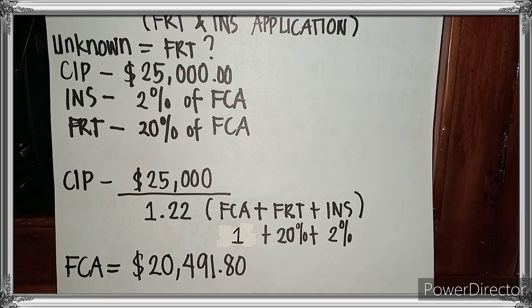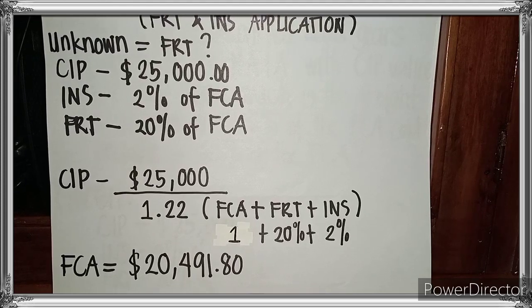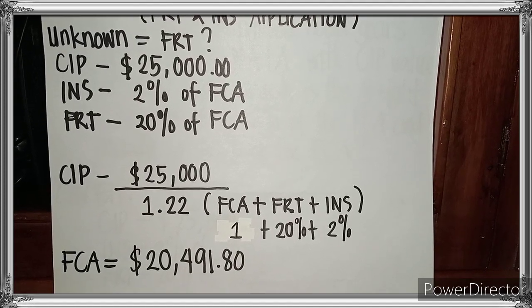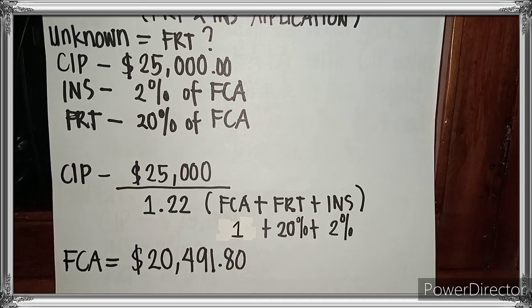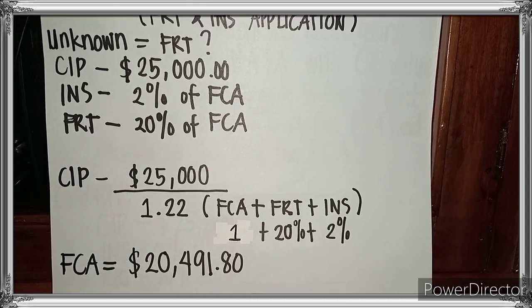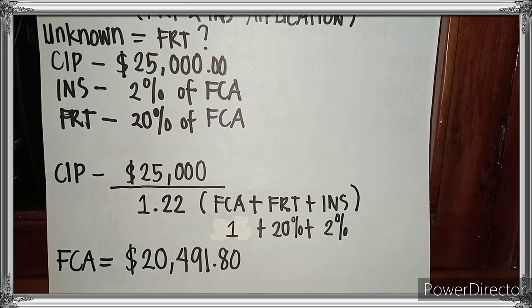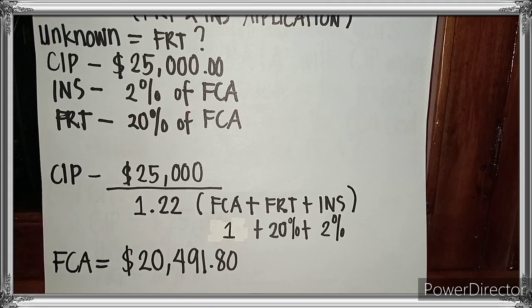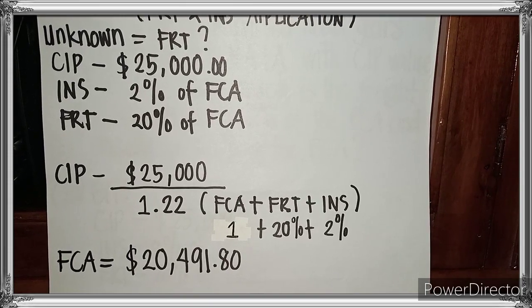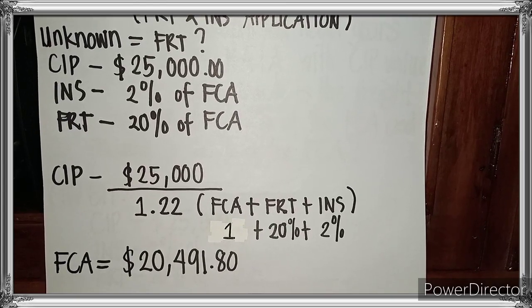So here it is. 1 is a whole number that represents the FCA. So that whole number 1 is the FCA plus freight. The freight is 20%, that is why we have there 20% plus the insurance of 2% of the FCA.